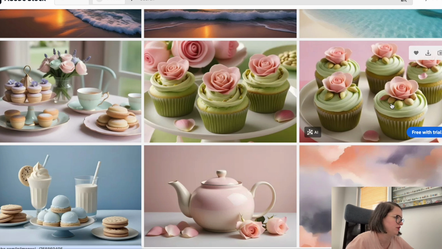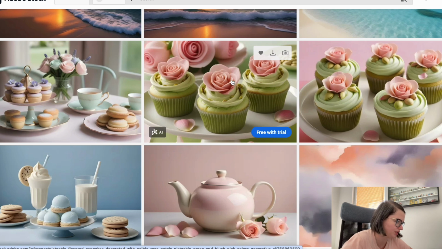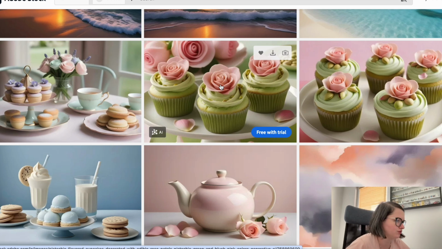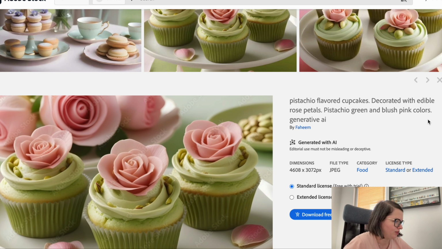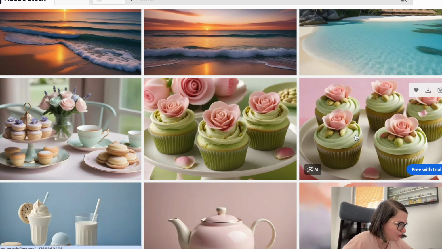So here, the pistachio cupcakes with the roses. The petals look real, but here the roses look a little fake. You can, of course, have fake roses on the cupcake, but you say it's edible rose petals, so it seems that the rose should be more real.